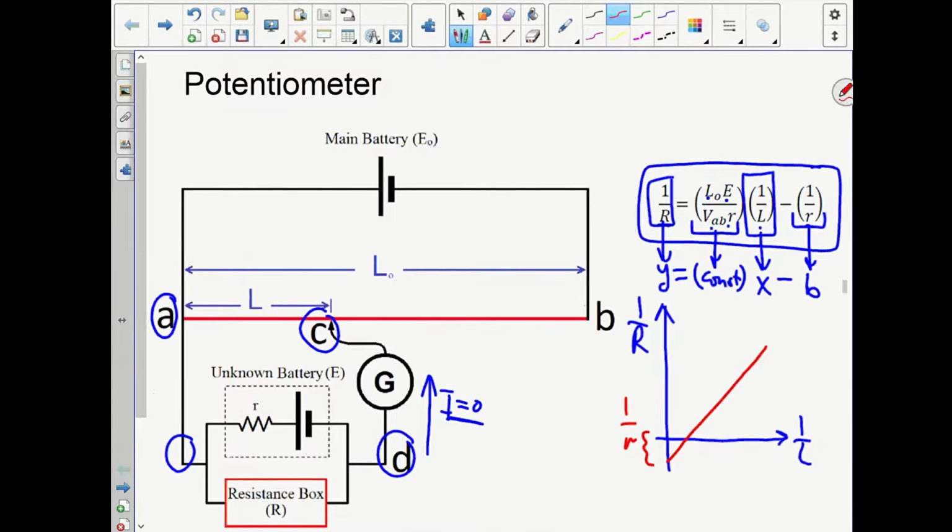Once you get lowercase r, which is the internal resistance of the battery, from the y-intercept, then you can use the slope to find the EMF of the battery, because remember that the slope is equal to L naught E over VAB times R. So you plug all the values here to find the EMF of the unknown battery.